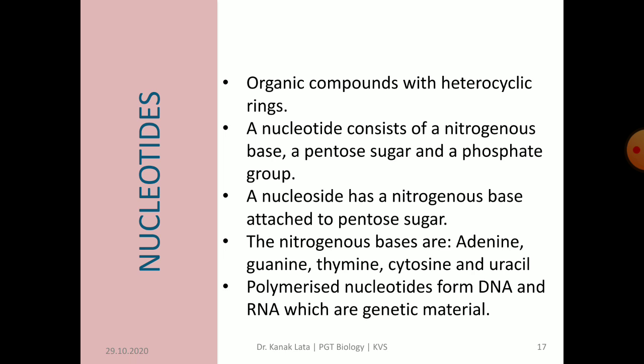The nitrogenous bases are adenine, guanine, thymine, cytosine and uracil. Adenine, guanine, thymine and cytosine are present in DNA, whereas in RNA, thymine is replaced by uracil. Adenine and guanine are called purines, whereas thymine, cytosine and uracil are called pyrimidines.